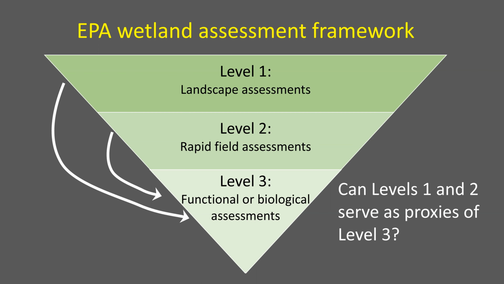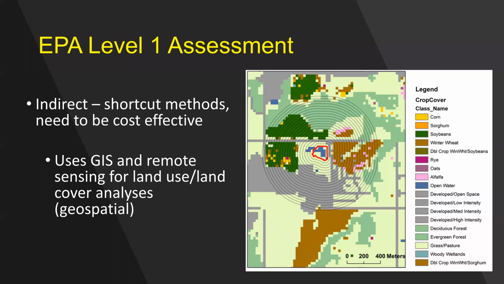the wetland. So the question a lot of people try to ask and answer is, can these levels 1 and 2 serve as proxies for level 3, intensive assessments? So level 1 assessments are indirect methods. These are more shortcut methods.